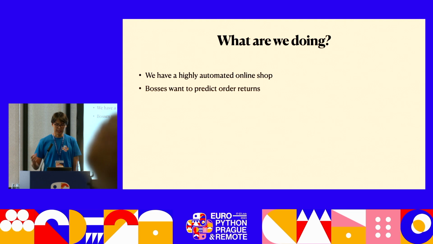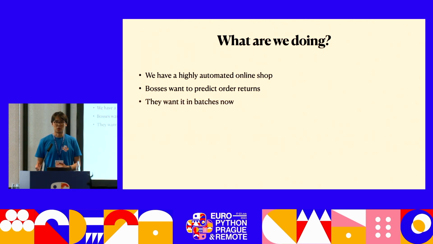And we get a request from our bosses saying that we need to make predictions on the orders. So we need to be able to know if an order will be returned within 1 week. This is something they want to do for, I don't know, storage or something. But they want to know if the order will be returned within 1 week. And for now, it's OK to do it in batches.